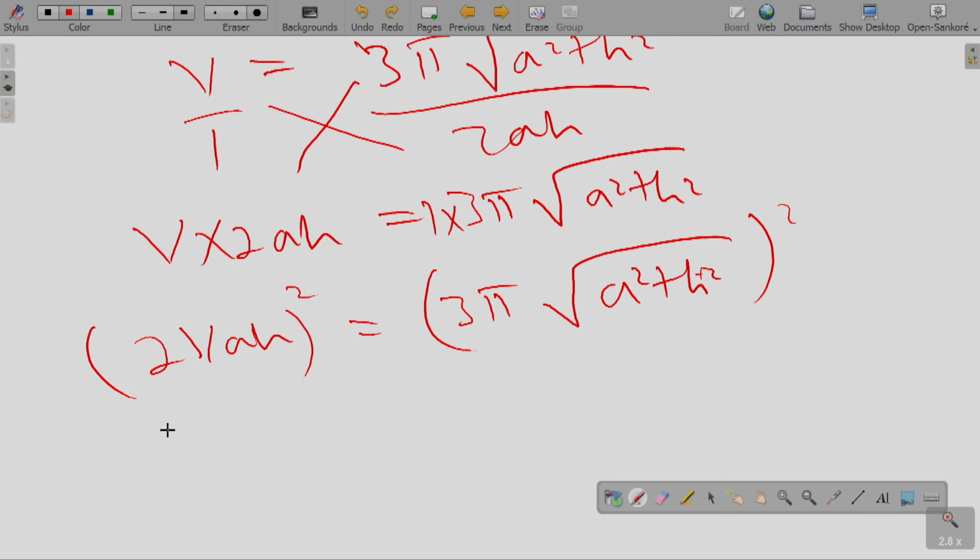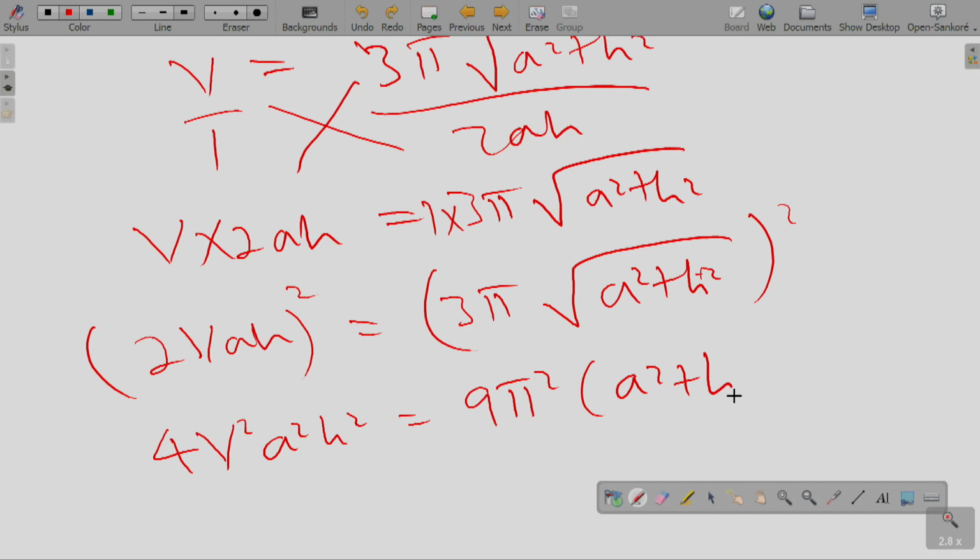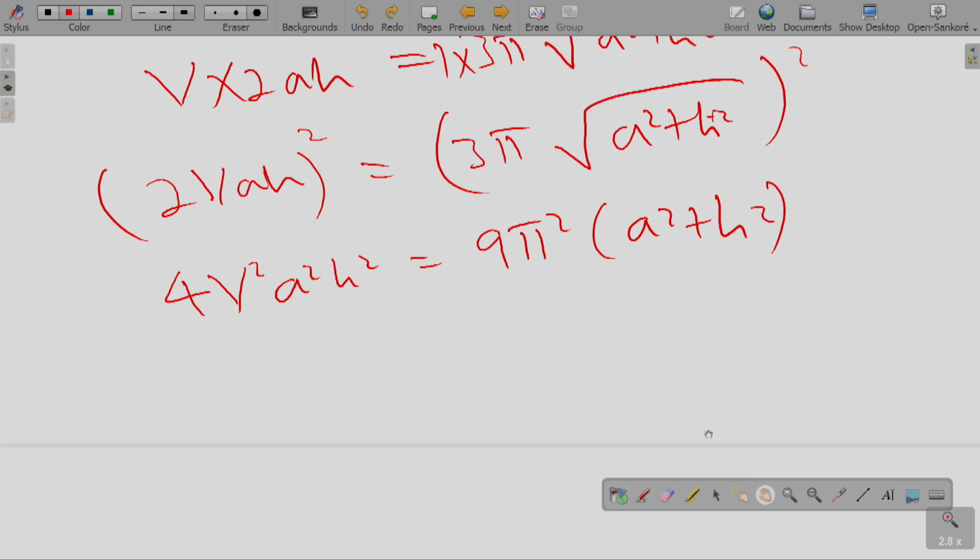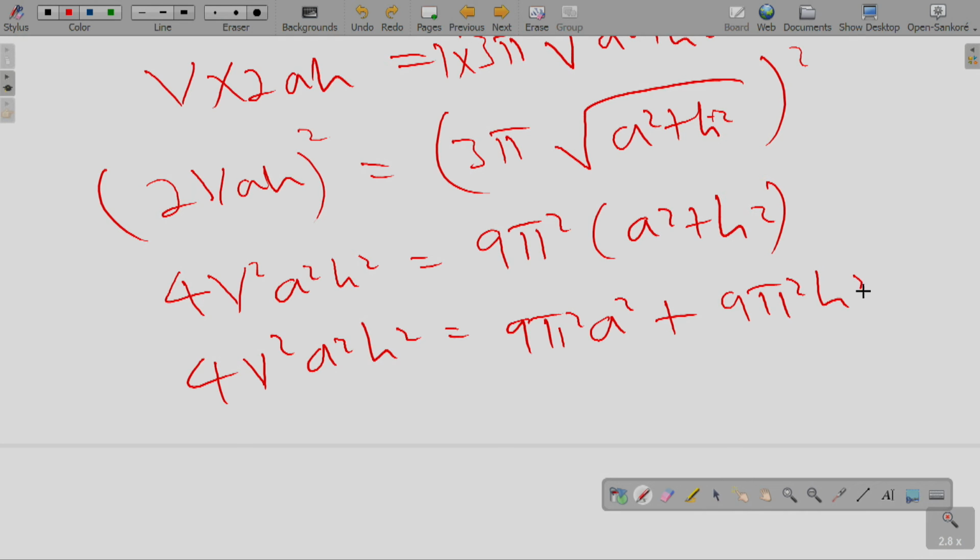So here I'll get 4v square a square h square is equal to 9 pi square times a square plus h square. So this is equal to 4v square a square h square is equal to 9 pi square a square plus 9 pi square h square.